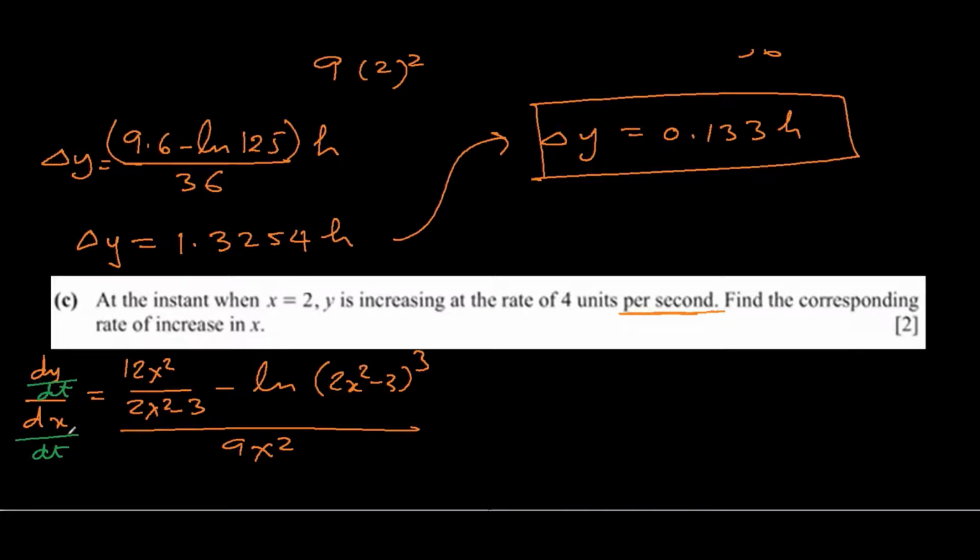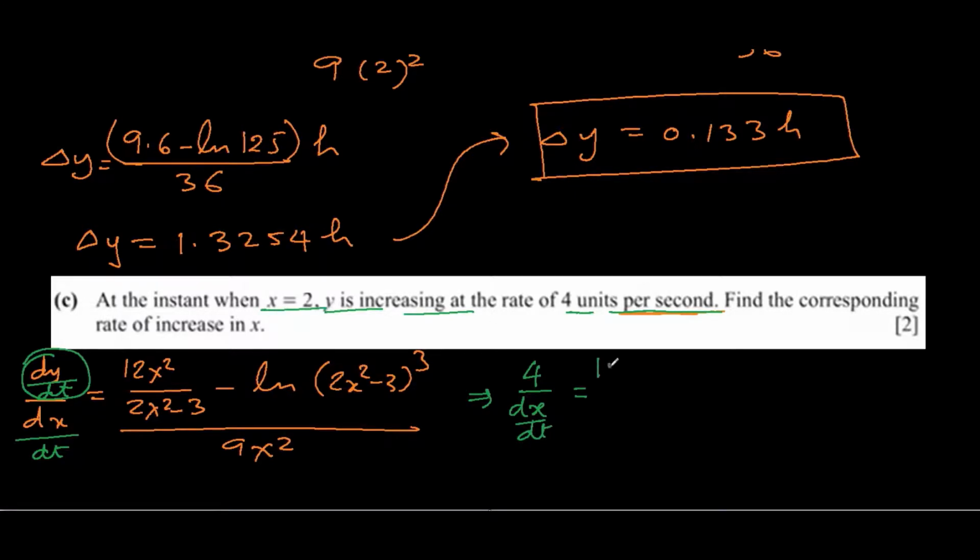We can divide both up and down by the same rate of change in time. And dy over dt, they have written here, y is increasing at a rate of 4 units per second. That means this change is 4. So this becomes 4 divided by dx over dt, at the time when x is 2.